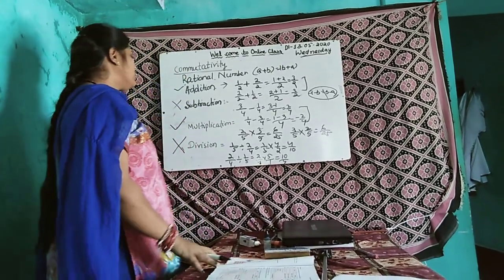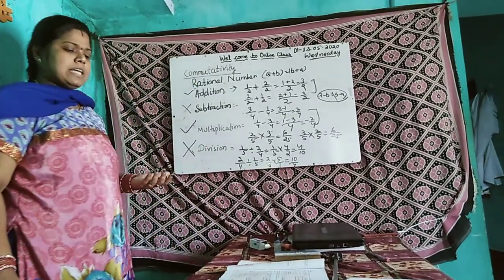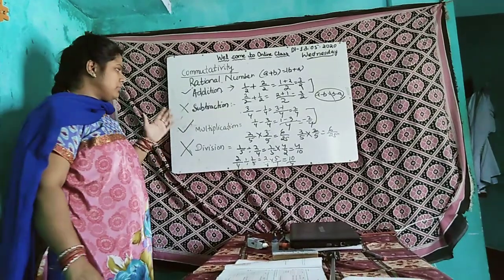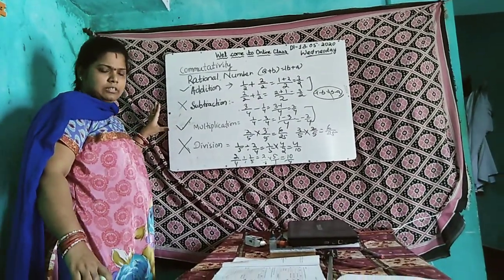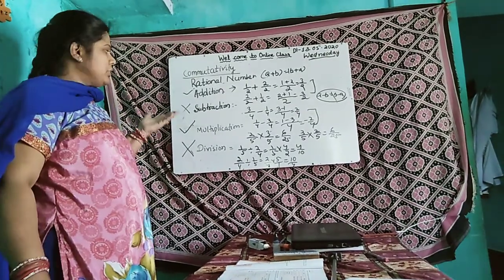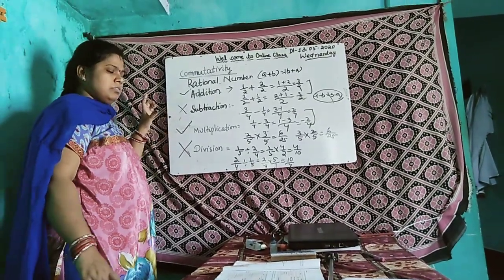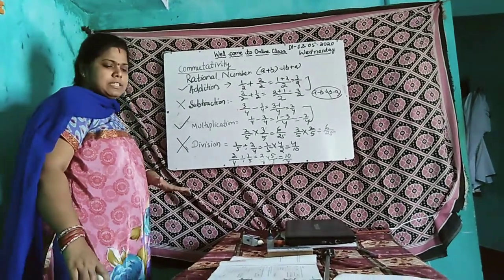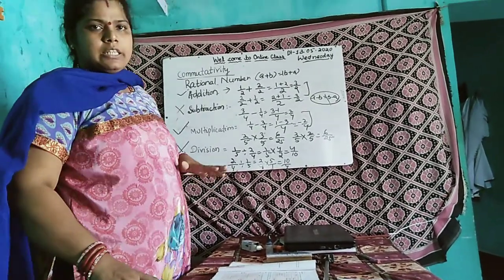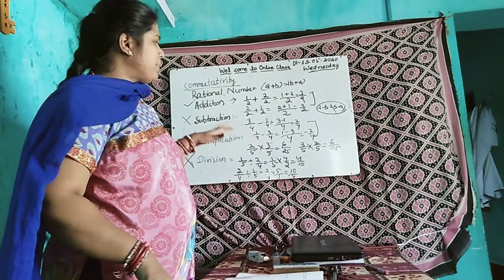Like the previous class, for your easy purpose, I will again give you one sheet where I will write all the properties, and you note them down in your copy and practice.